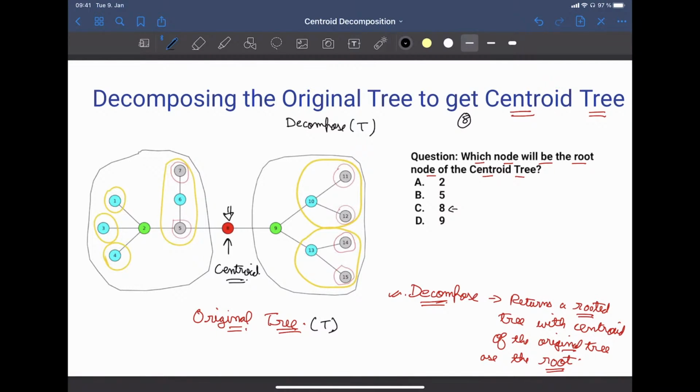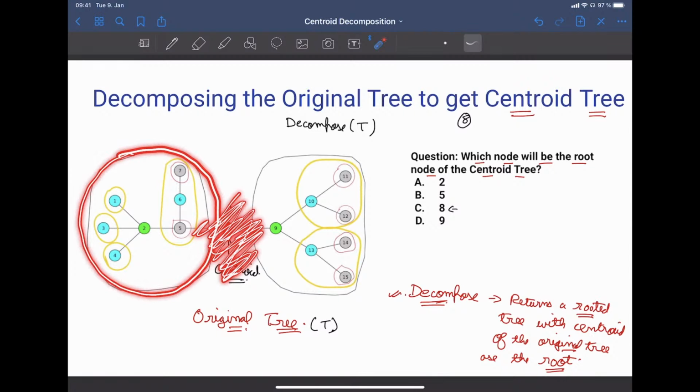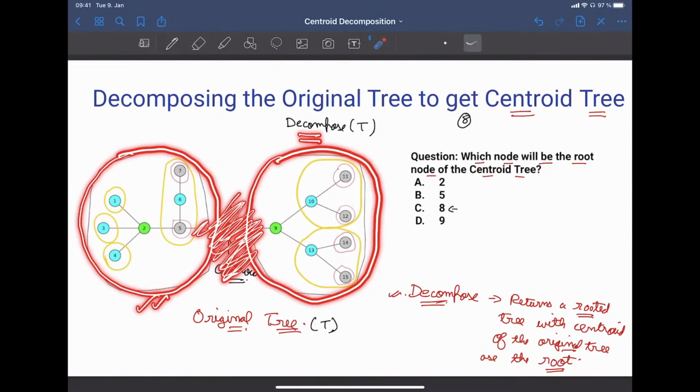And then you remove this node 8 from the original tree. You remove these edges. Now what do you have? You have two different subtrees, a subtree on the left side and a subtree on the right side. And you recursively call decompose on these two subtrees.